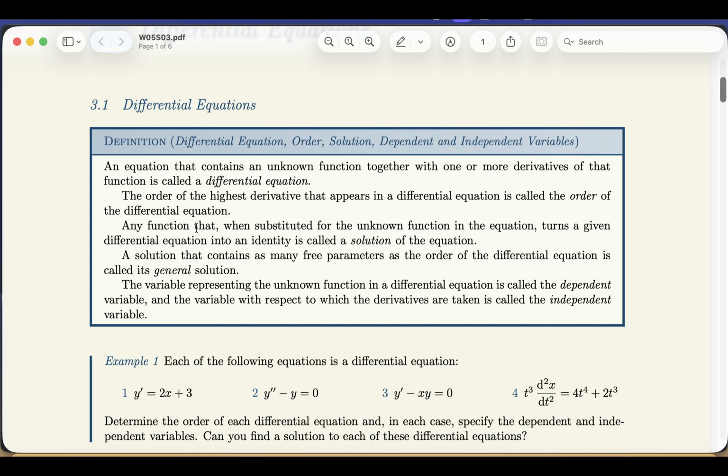Any function that when substituted for the unknown function turns a given differential equation into an identity is called a solution of the equation. A solution that contains as many free parameters as the order of the differential equation is called its general solution. This is also good to know: the variable representing the unknown function in a differential equation is called the dependent variable.